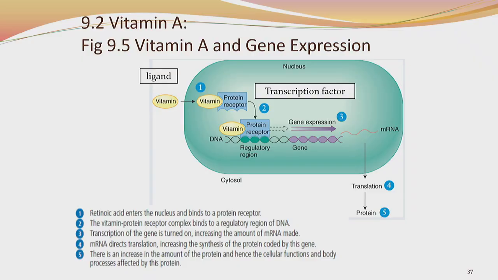What happens without vitamin A is that this transcription process is impaired because you do not have enough to form the ligand we're talking about, the vitamin protein receptor complex, for all of these processes to take place.